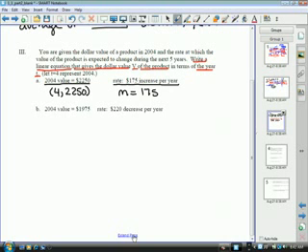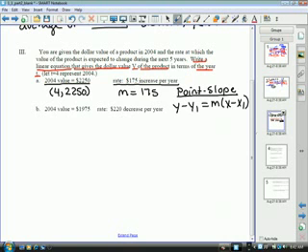You can do y equals mx plus b, or you can do it this way. And this is called the point slope formula. This is y minus y1 is m times x minus x1.